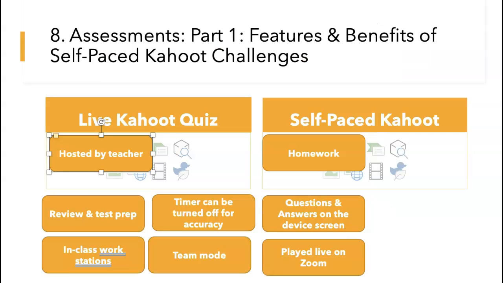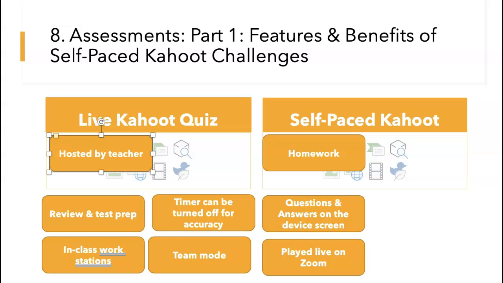So after the guided practice, now we're going to move on to the assessment section, and there are 2 parts. Part 1 covers the features and benefits of a self-paced Kahoot, and this is the first learning objective. So in this activity, the learners will complete a drag and drop interaction, and there are 2 categories.